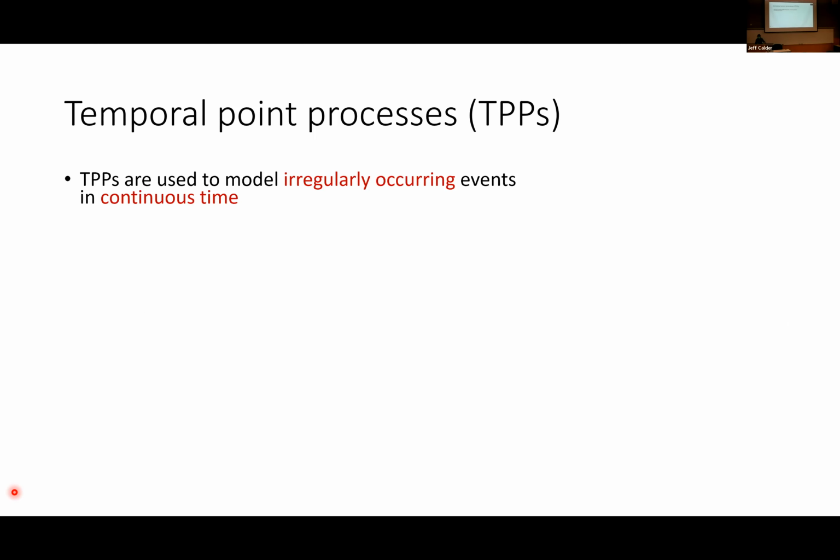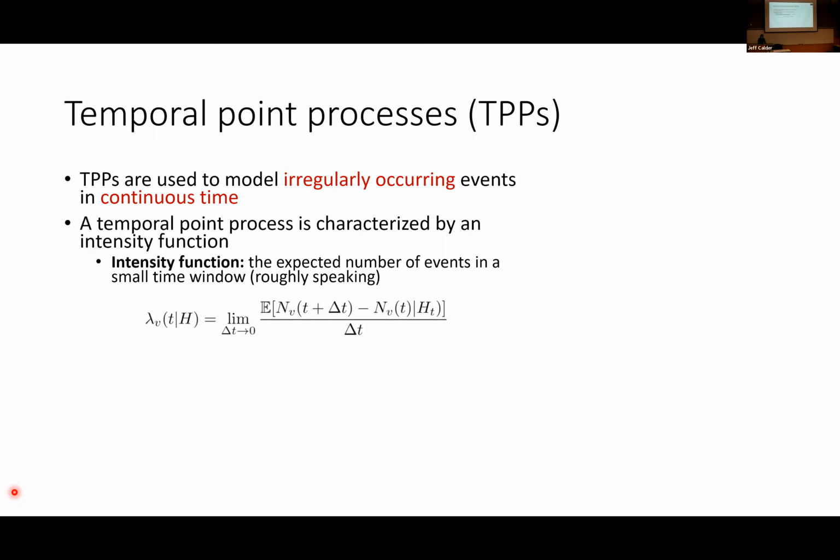And in continuous time, the main building block we have here are temporal point processes, which are used to model irregularly occurring events in continuous time. And a temporal point process is characterized by an intensity function, which is the intensity at any given time t, given the history of the process, so what happened in the past.